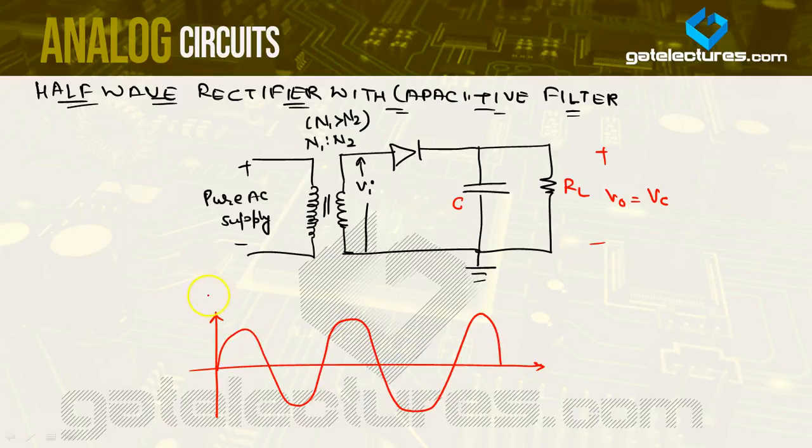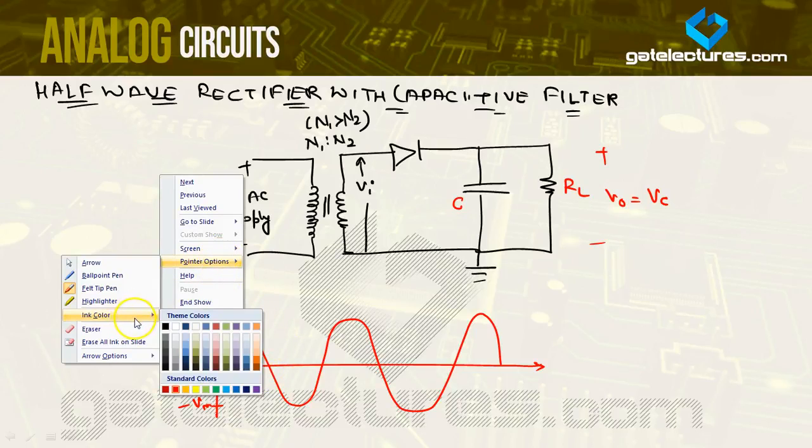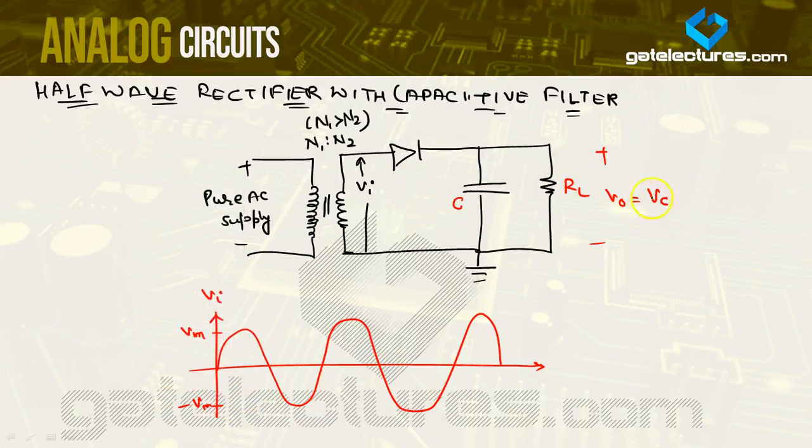Let's say this is VI, this is VM, and this is minus VM. Now let's plot the variation in the output voltage, which is also equal to VC, the voltage across the capacitor.